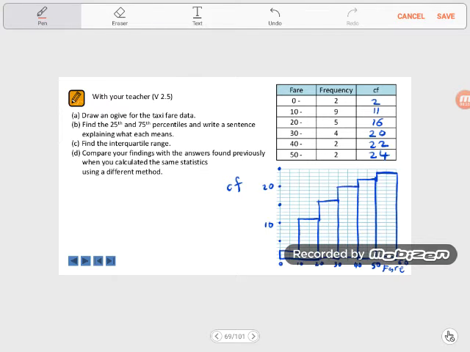So we start in this bottom corner and put a diagonal line across there, and then we connect that up to each of the other corners. Okay, there we go.